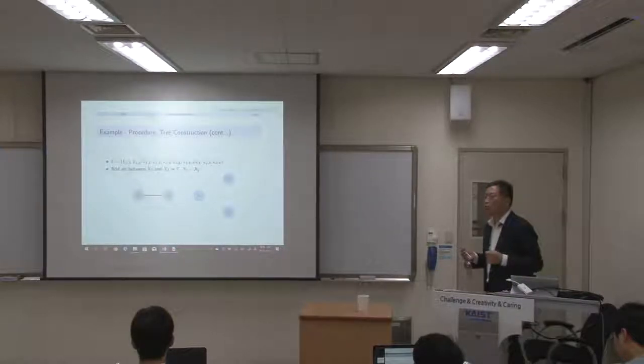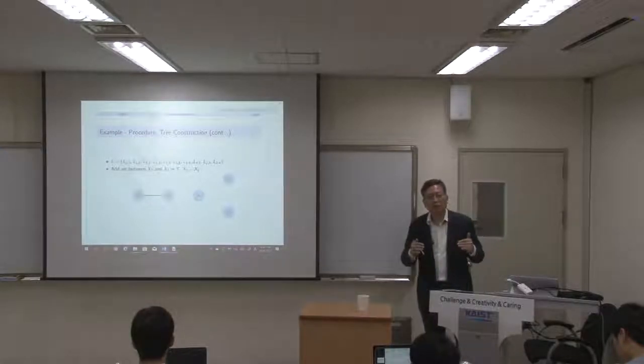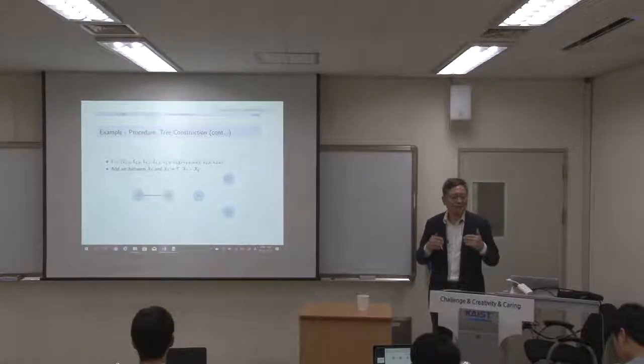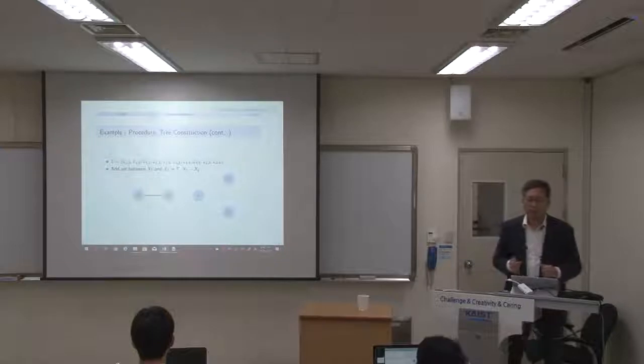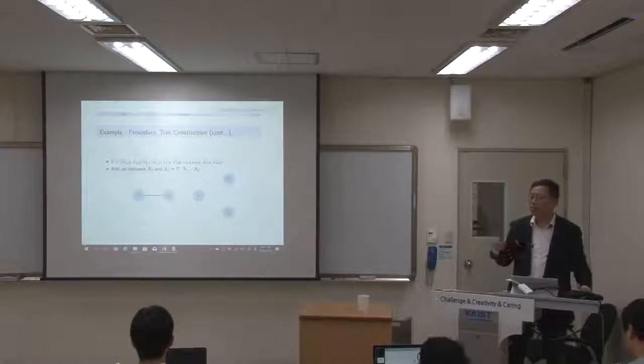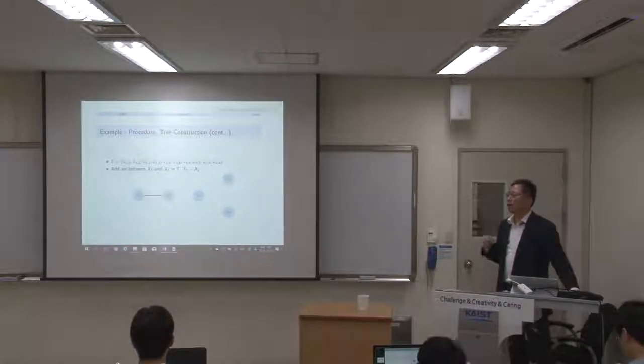If you remember, the Chow-Liu algorithm was: if you are given the data, you want to generate a graph based on that data, and the Chow-Liu algorithm provides a tree-based algorithm as an output.